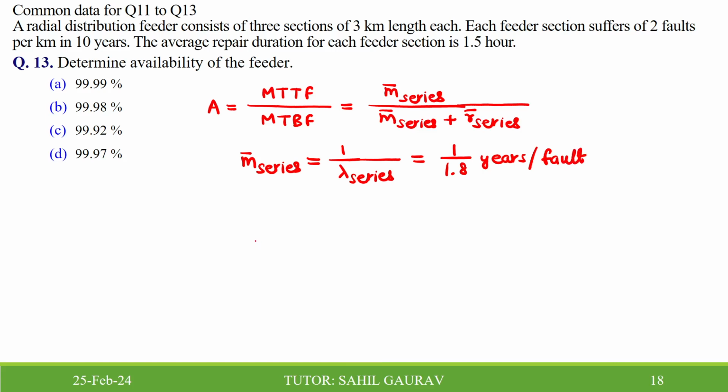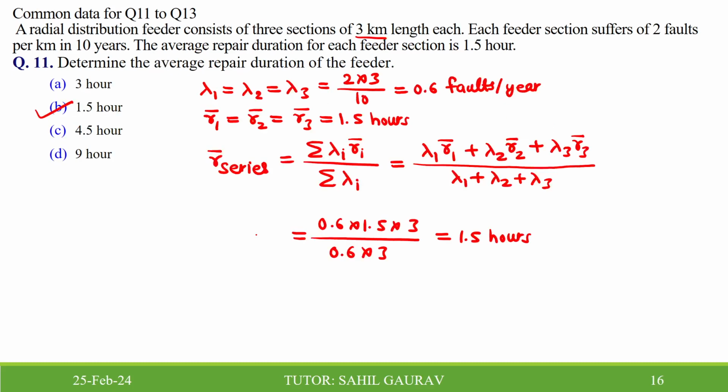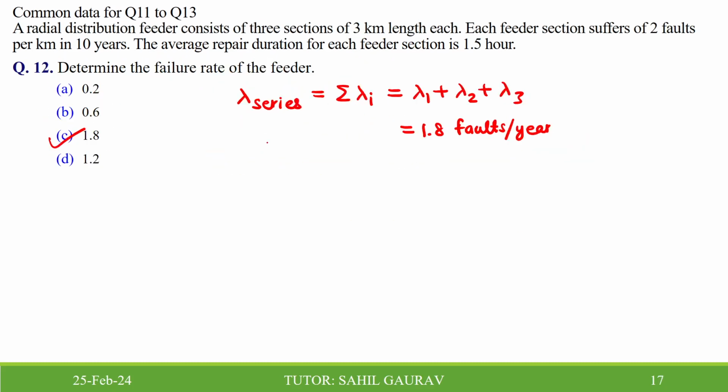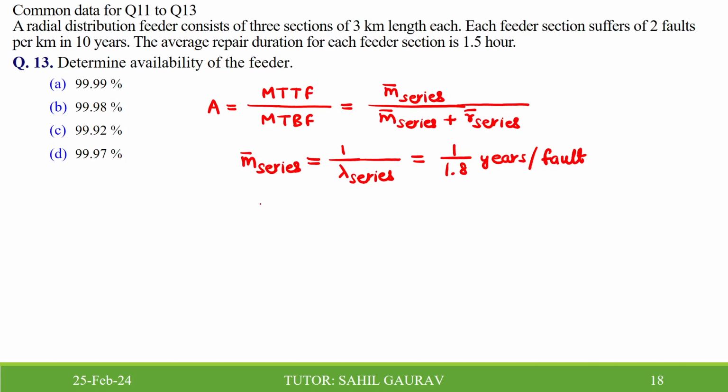Now R bar series, how can we find it? R bar series we have found. R bar series is given as 1.5 hours.